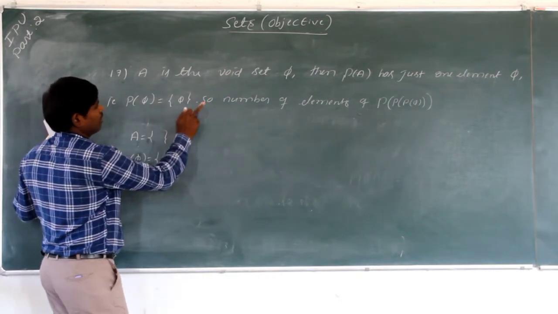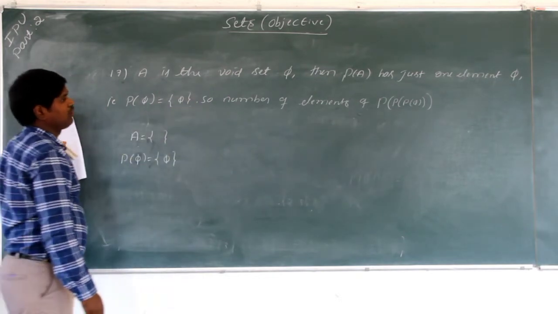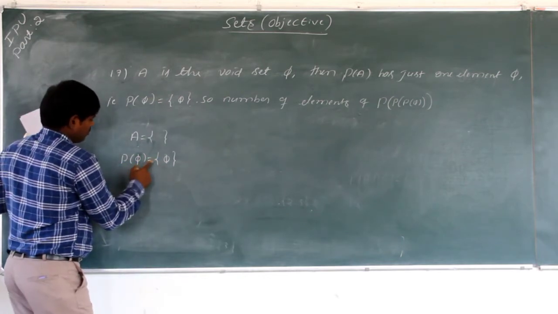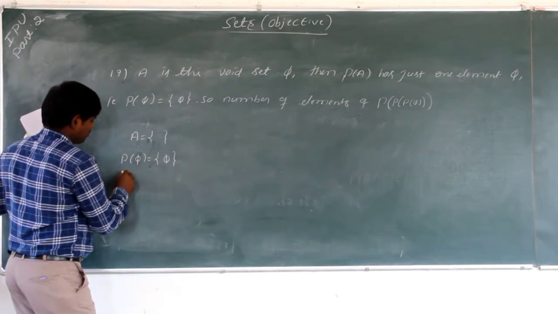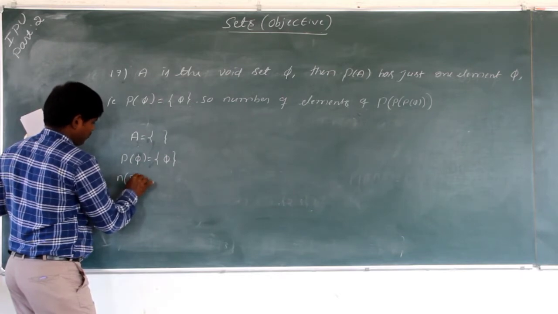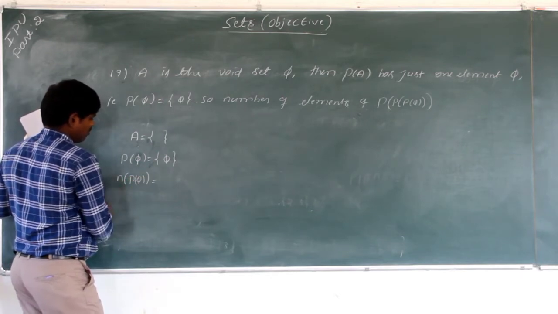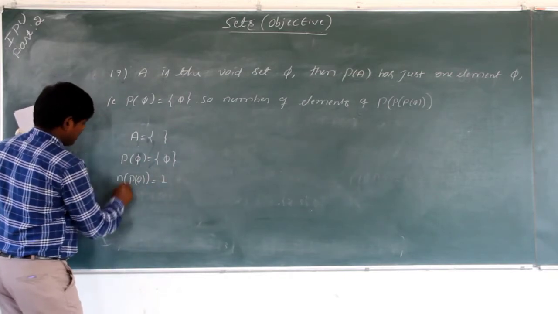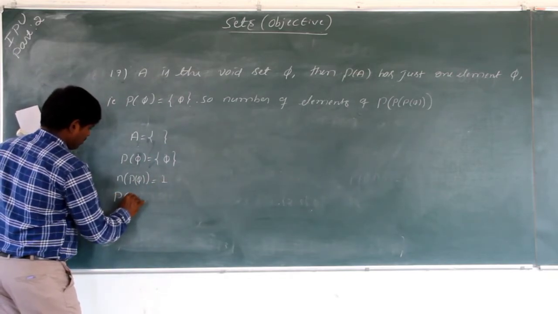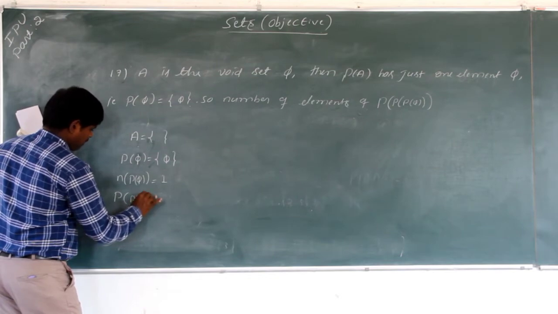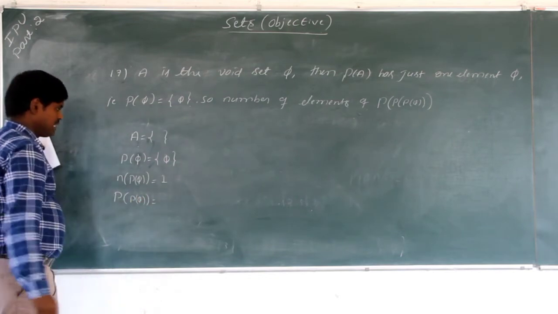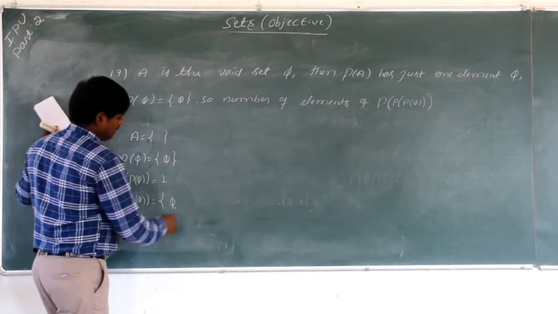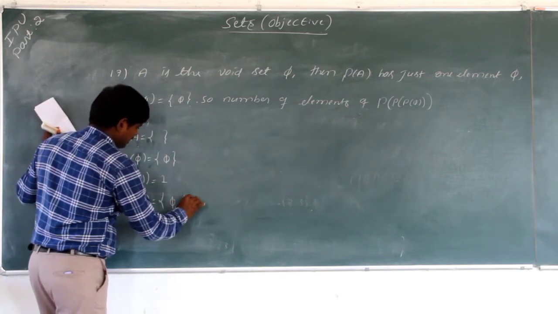Then the number of elements in P of A, so the number of elements in P of phi is equal to 1. The power set of P of phi is nothing but one is phi, another one is the set itself.